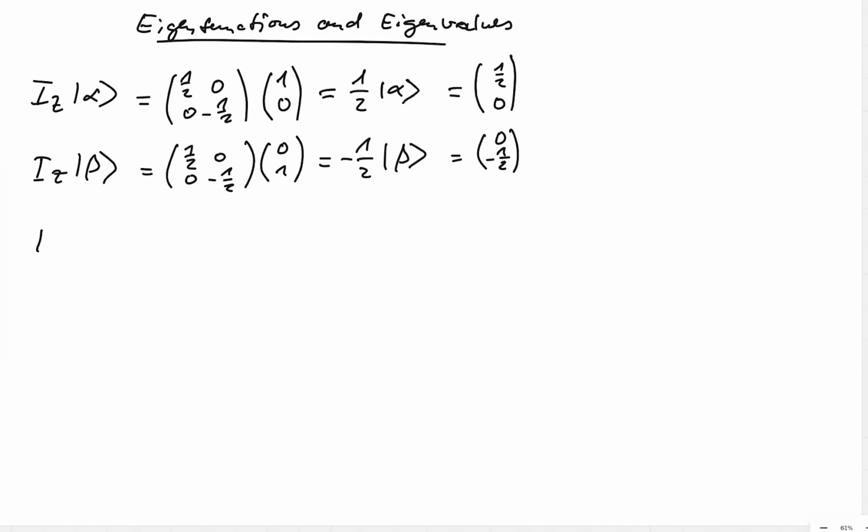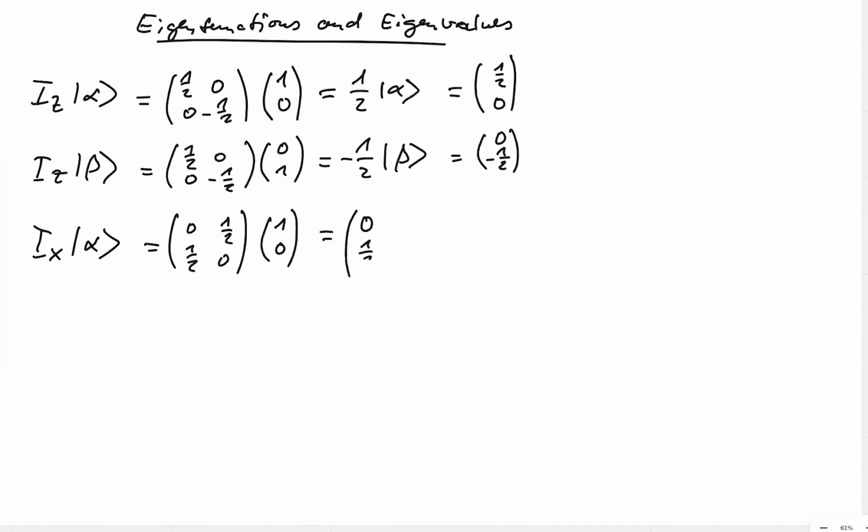If you apply Ix to the alpha state, we get the matrix 0, 1/2, 1/2, 0 times 1, 0. And if we calculate this, then we get 0 and 1/2. And this is simply 1/2 times the beta state.